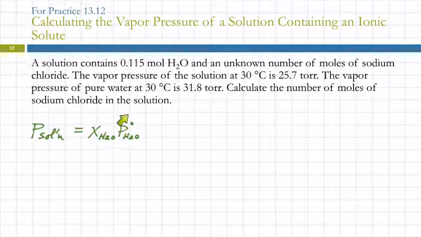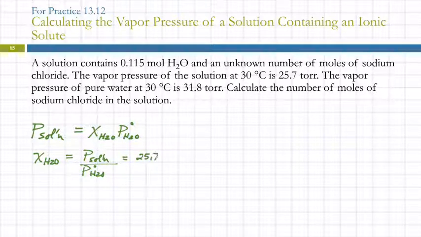So we know what the vapor pressure of the pure water is, and we know what the vapor pressure of the solution is, so we can calculate the mole fraction of water. So the mole fraction of water is going to equal the vapor pressure of the solution divided by the vapor pressure of the pure solvent. So the solution is 25.7 torr.